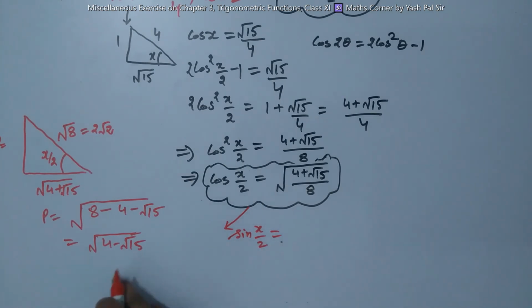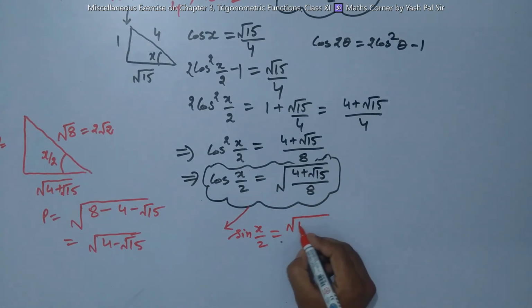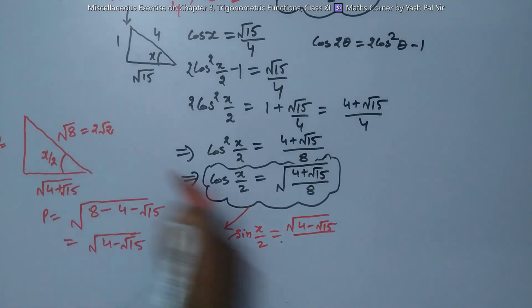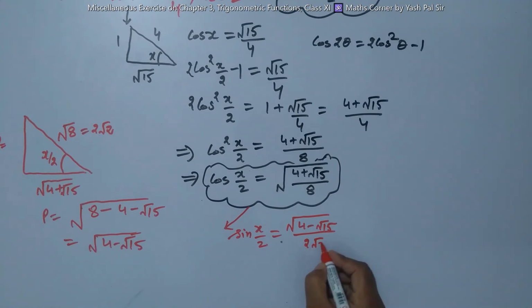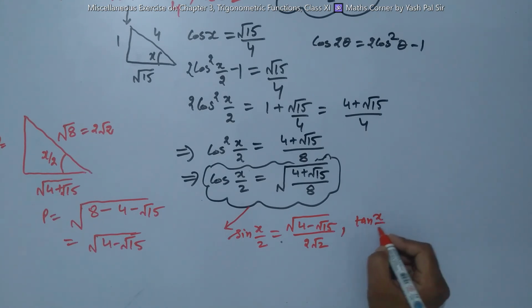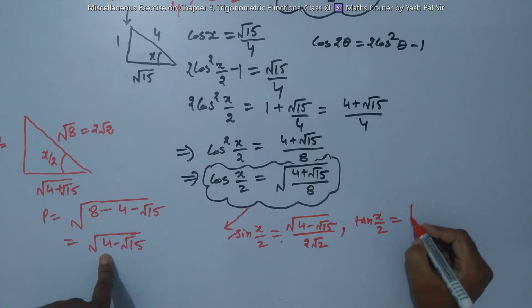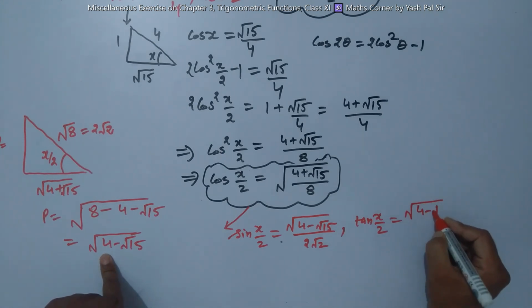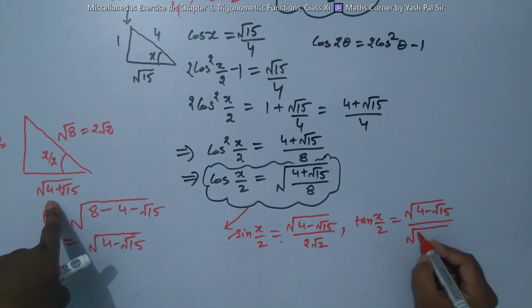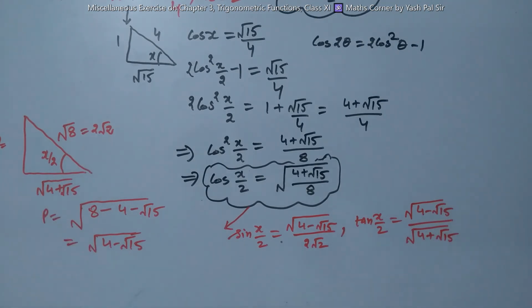This is equal to p upon h, that is square root of 4 minus square root 15 upon h, which is 2 square root of 2. Accordingly, what is tangent of x by 2? This is equal to p upon b. P is square root of 4 minus square root 15 and b is square root of 4 plus square root 15. Hence solved.